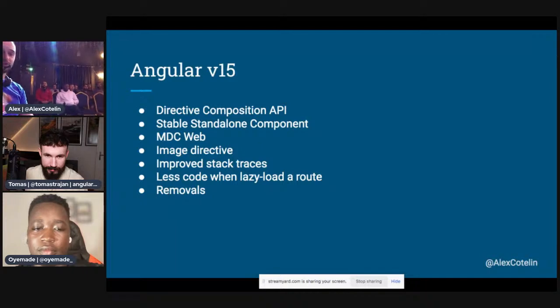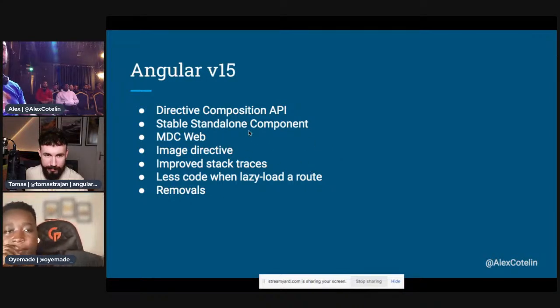So what we're going to cover quickly today is the directive composition API, which is probably one of my preferred new and upcoming features. Then standalone components. We're not going to cover it again, but I'll mention that from V15 it's actually stable, so you can use it in production.